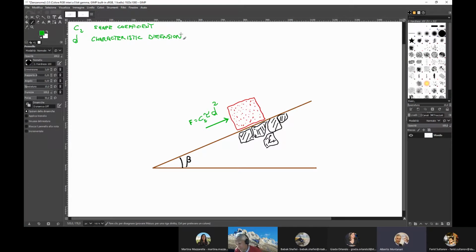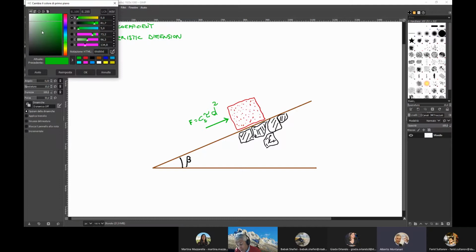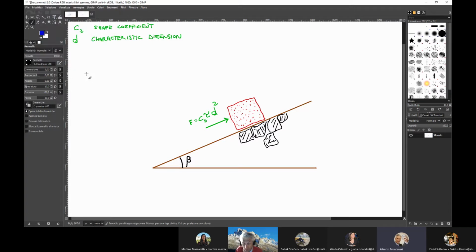Very good. Now, the particle is exposed to this destabilizing force. Now, what are the stabilizing forces? First, we have the self-weight. And the self-weight is applied in the center of gravity. Just 1 second, let me see the size of my drawing. So it's applied in the center of gravity, and it's something that goes in the vertical direction. So this is the self-weight.